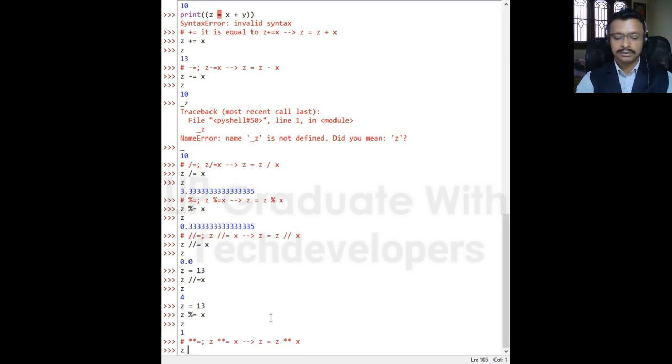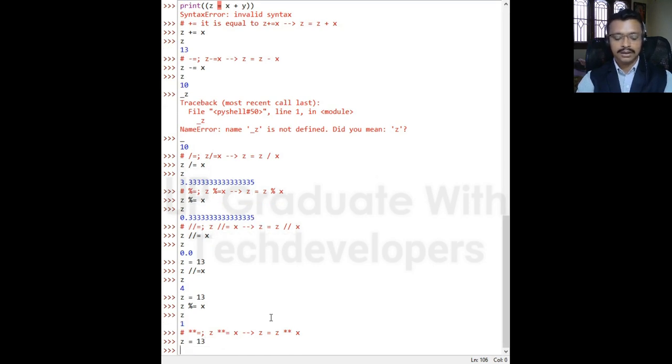So let us assign the value once again to 13 and now let us perform g **= x, means g is equal to g to the power of x. Here g is nothing but 13 to the power of 3, because x is 3.